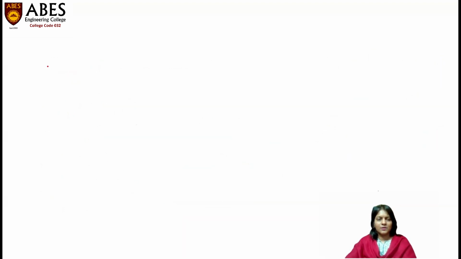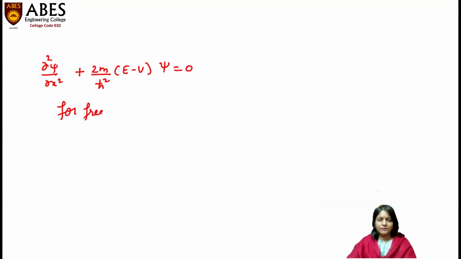So equation number 4 becomes del 2 psi over del x square plus 2m upon h cross square (E minus V) psi is equal to 0. For a free particle, the potential energy is 0.